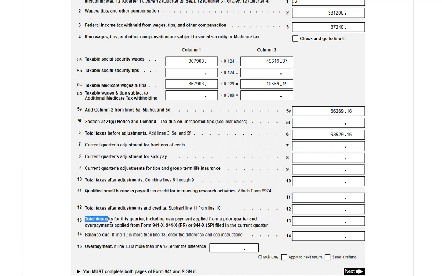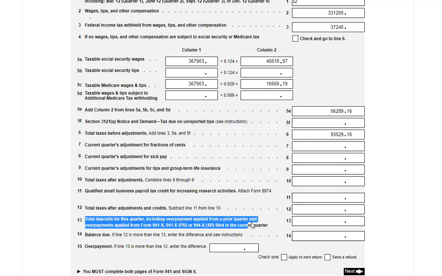Line 13, the total deposits for this quarter, including overpayment applied from a prior. It's basically what have we paid in this quarter already. The amount of deposit for this quarter, well, it's actually not already. It's what is the amount of payments for this quarter.